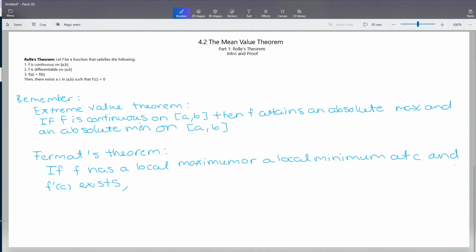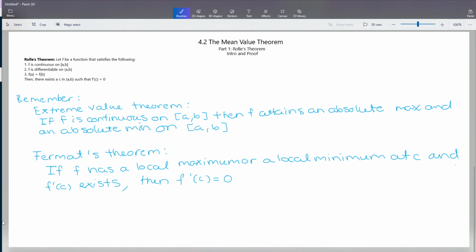This is another way of saying that f is differentiable at c. Then the derivative must be 0 at c. So those are the two theorems that we're going to need to use during the proof of Rolle's theorem.